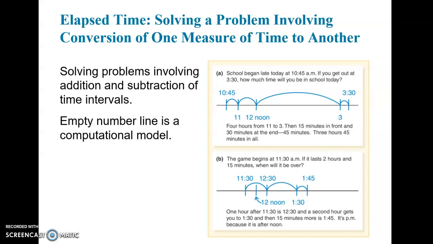But then what do students do if the endpoints are 8:45 and 11:15? In the figure below, a student might count the full hours from 10:45 all the way to 3:45 and then subtract 15. Or you can count by 15 minutes to 11 and then count by hours.